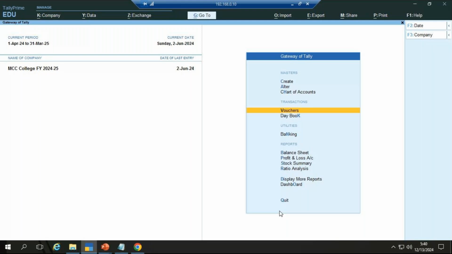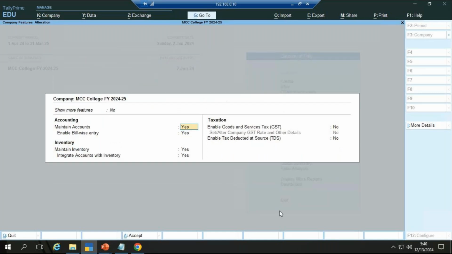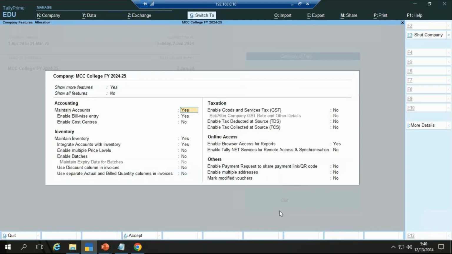Ma'am, that shows the list of companies for features, ma'am. Yeah, when you press F11, it is showing. It is not showing like this. No, ma'am, we are not getting the screen. Same screen I'm getting, ma'am.